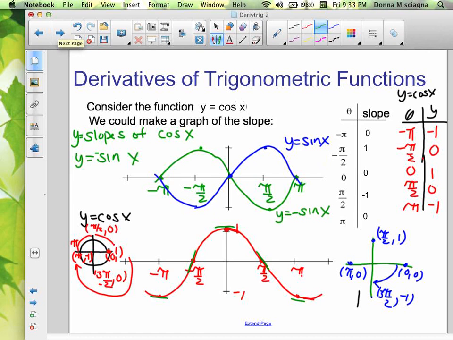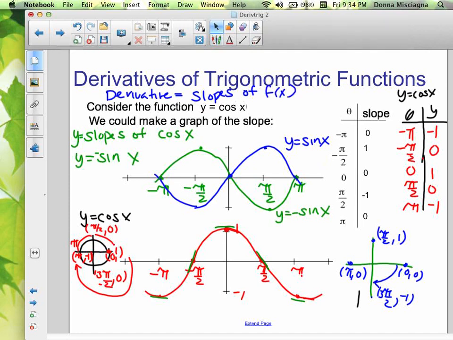And now you know the derivative for cosine, because after all, what's the derivative? And by the way, you don't have this in your notes. You have everything else but this. The derivative is equal to the slopes of f of x at various points.